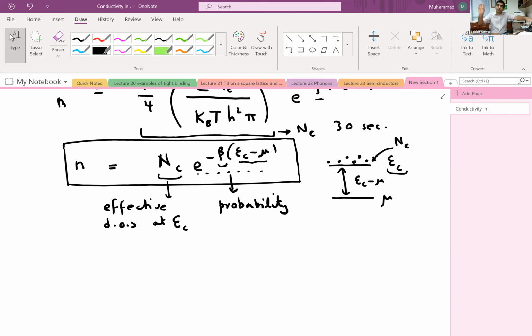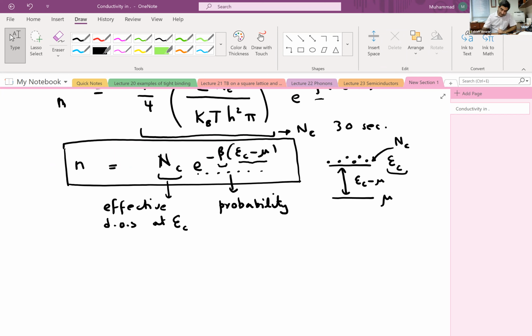The probability of occupancy of those states at EC is given by how far above that band edge is from the chemical potential, and how big is the temperature, of course, because beta is 1 over kBT. The bigger the temperature, the larger will be n. And the bigger this energy difference EC minus mu, the smaller will be n.